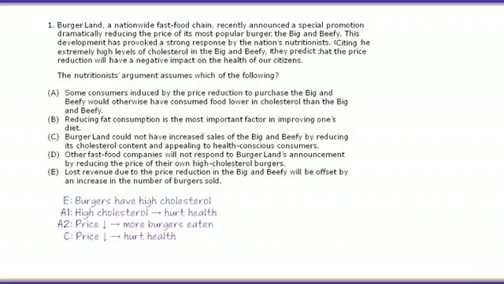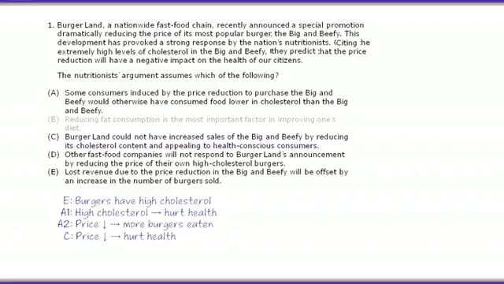Now, search the answer choices for a statement that looks like one of your pre-phrased assumptions. Any answer choice that doesn't bridge one of the 2 gaps is incorrect. For instance, answer choice B doesn't mention cholesterol and health, which is the first gap. And it doesn't mention the effect that the price drop will have on consumers' diets. That's all you need to know about answer choice B. It is not the correct answer.